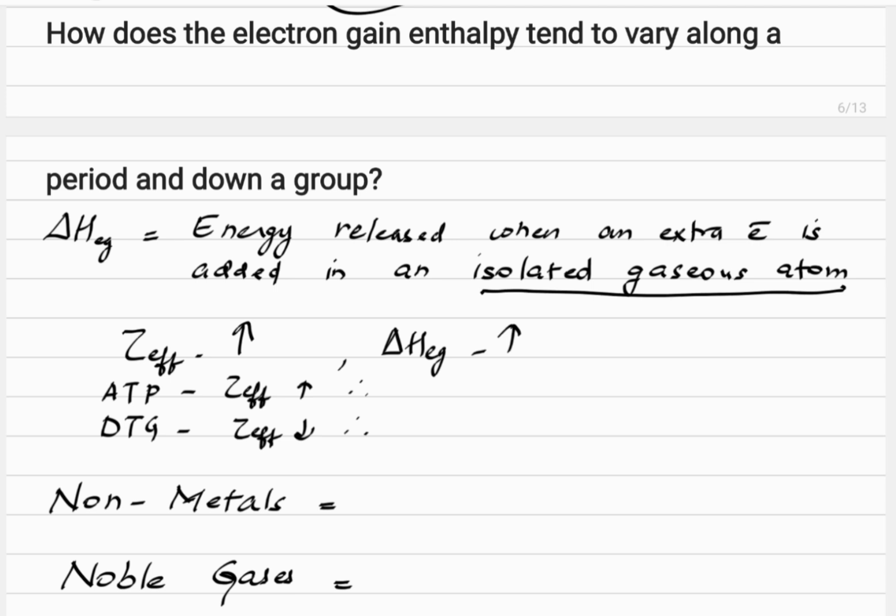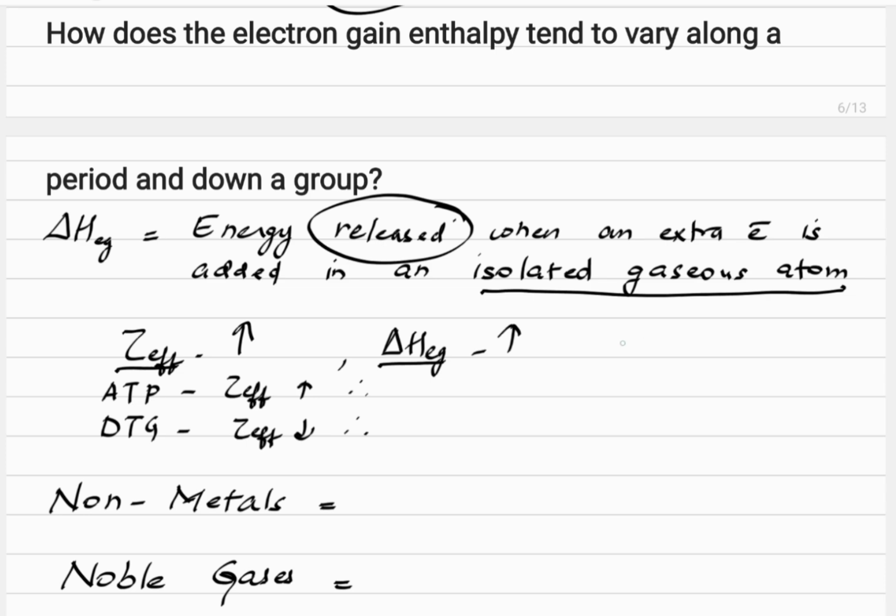Now, in this isolated gaseous atom, we are adding the electron. So obviously this incoming electron needs to feel the nuclear charge, needs to feel the attraction towards the nucleus. So obviously if the Z effective is high, electron gain enthalpy would be high. High meaning more energy would be released. Now, since the energy is released, we show it with a negative sign.